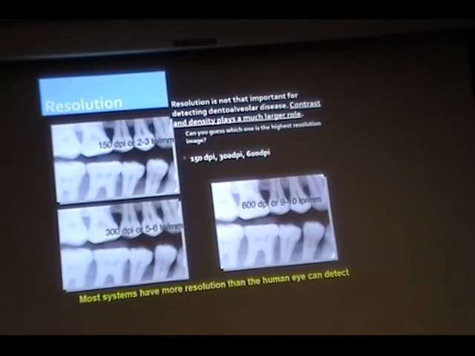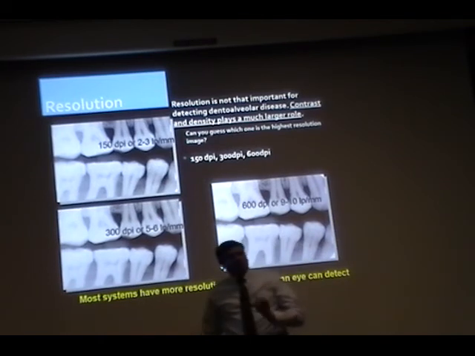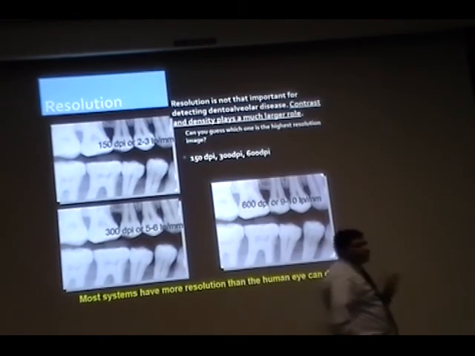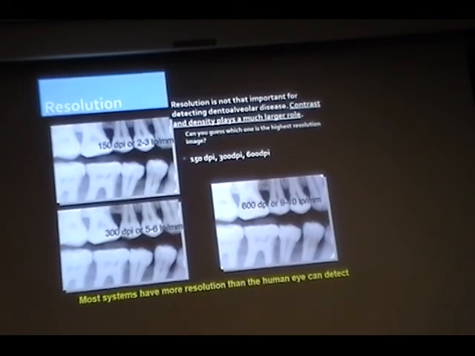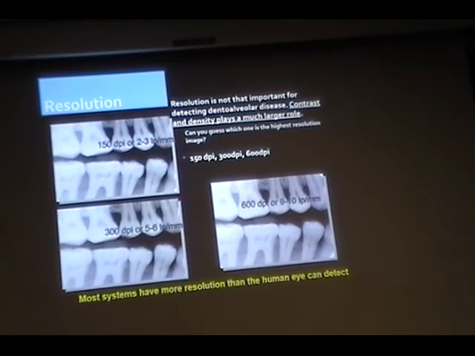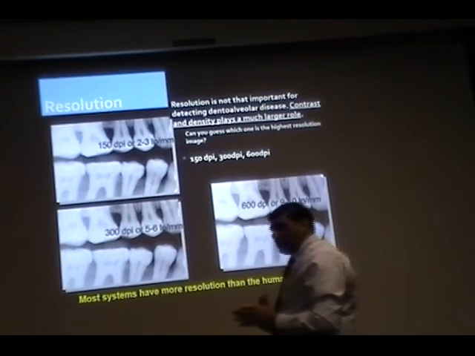So again, the bottom line is, for our diagnostic purposes, any system is good. PSP plates are also good, because all we need is 5 to 6 lines per millimeter. And remember, our eyes can only see 60 degrees of shapes, right?